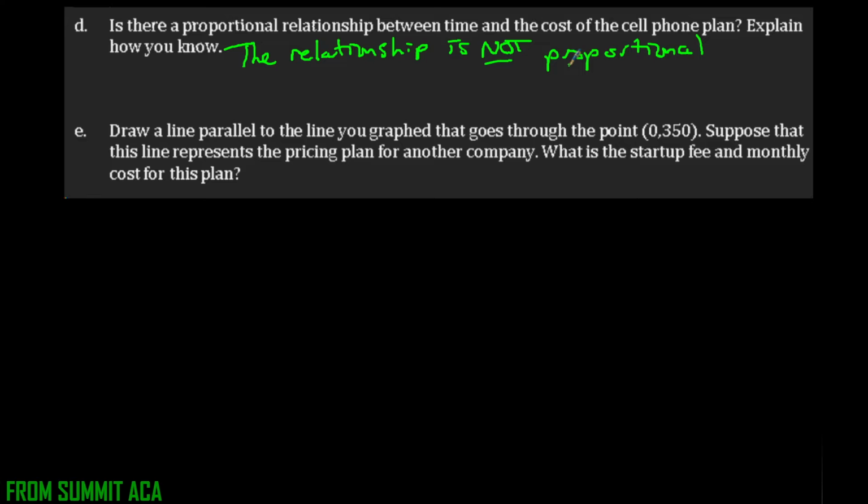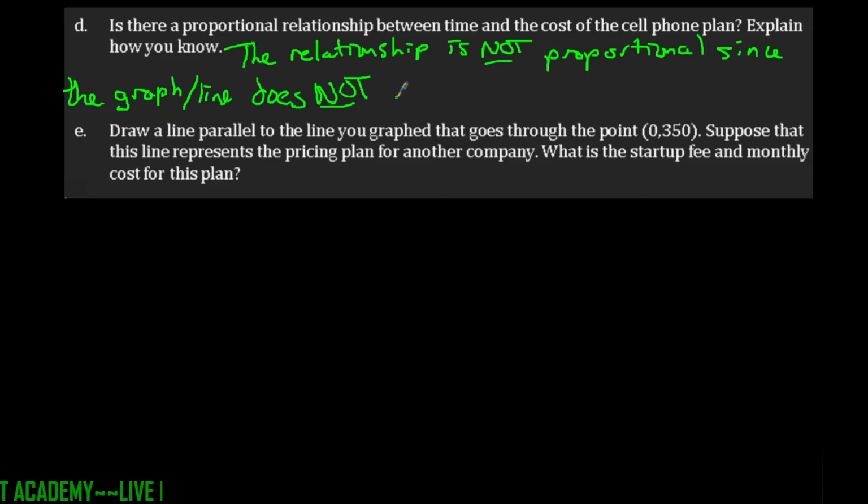An easy way to be able to tell that is we can say since the graph or the line does not go through the point 0, 0. So you always want to look at that.